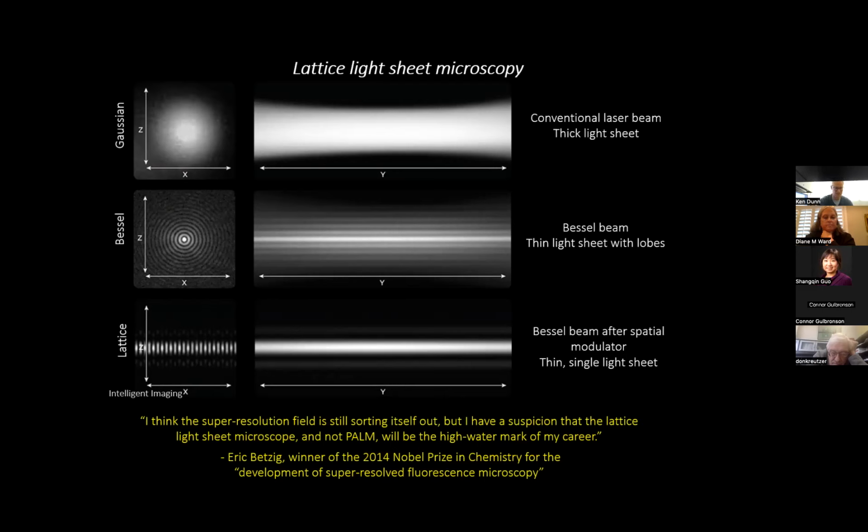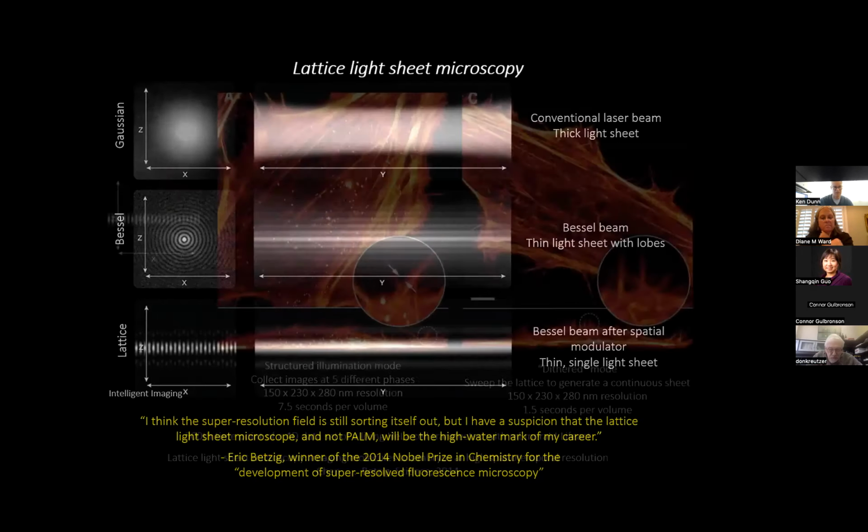Very modest, very brilliant guy. But he said, I think the super resolution field is still sorting itself out, but I have a suspicion that the lattice light sheet microscope, and not PALM, will be the high water mark of my career. He talks about super resolution so dismissively. Like, why would you want to do it? Dead cells don't matter. So this is the thing he's excited about.